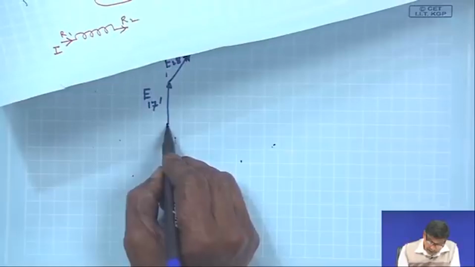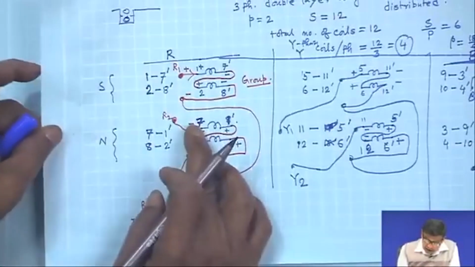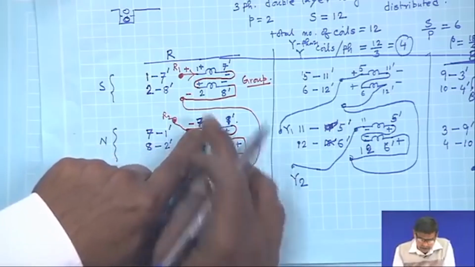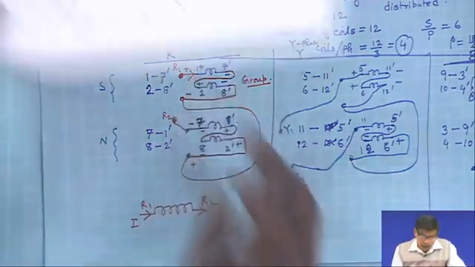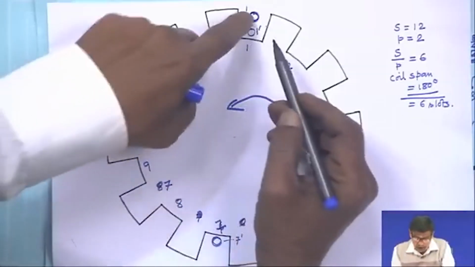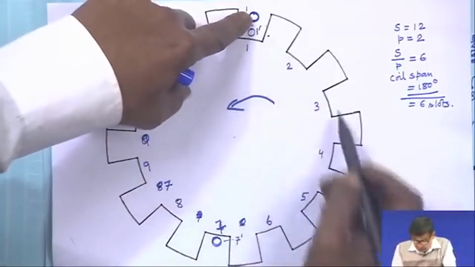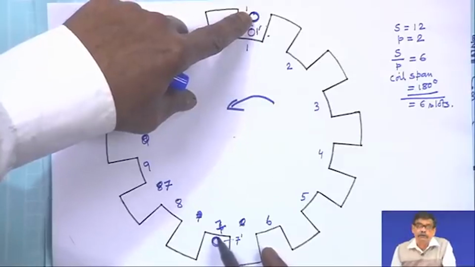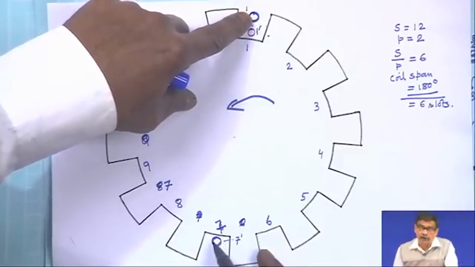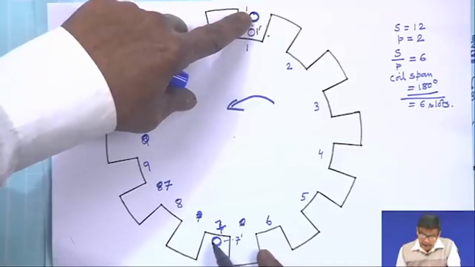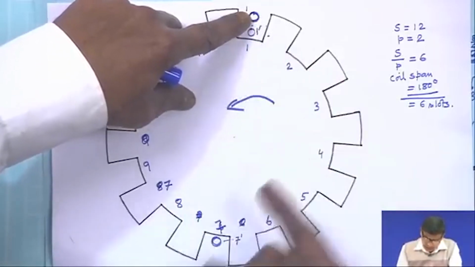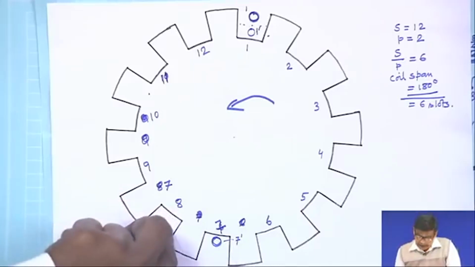E 71 dashed, mind you, will be 180 degree out of phase, because this is also the start of a coil. Whatever is happening to coil side 1 now, after 180 degree the same thing is going to happen to conductors placed in slot number 7. Therefore, it will lag this coil voltage by 180 degree.